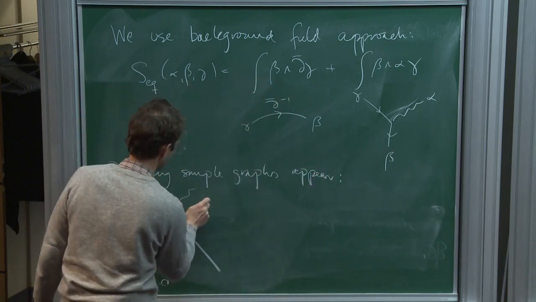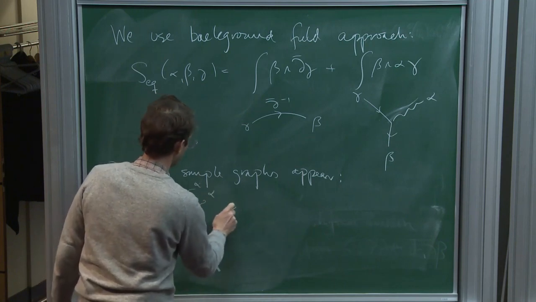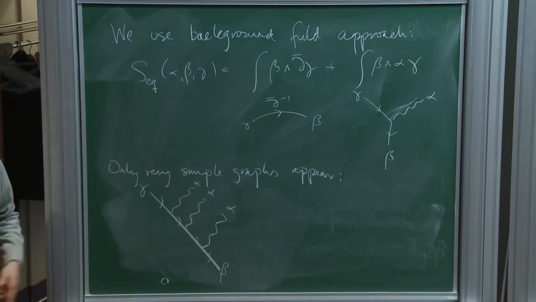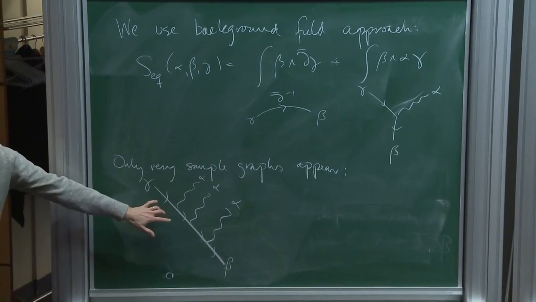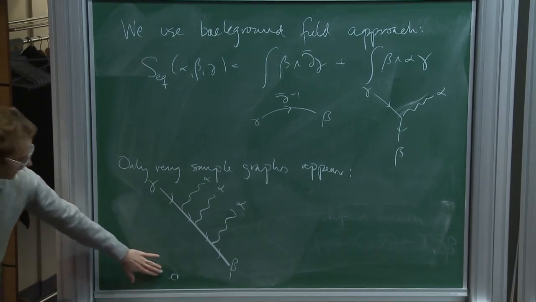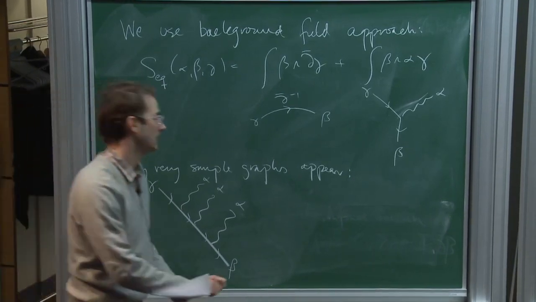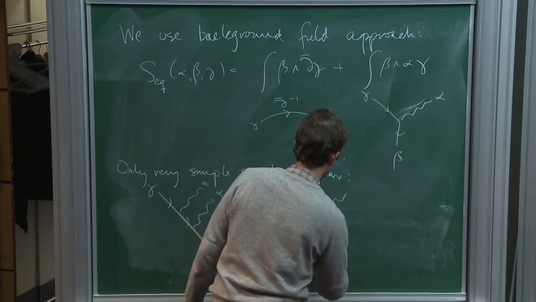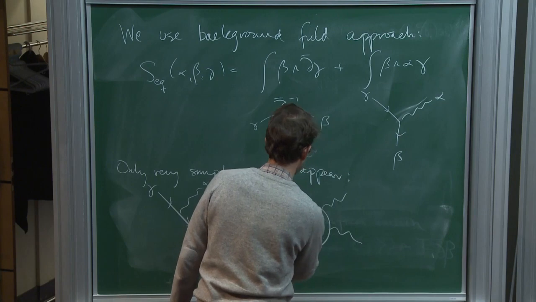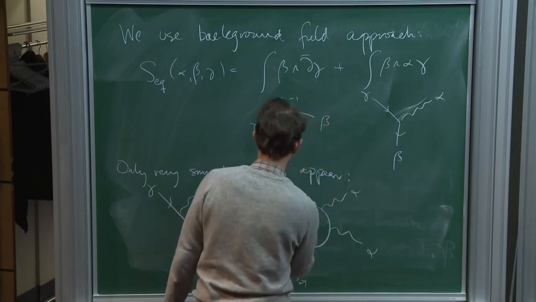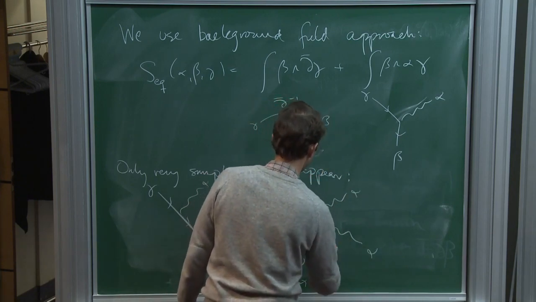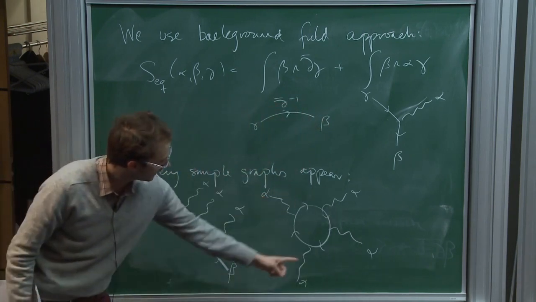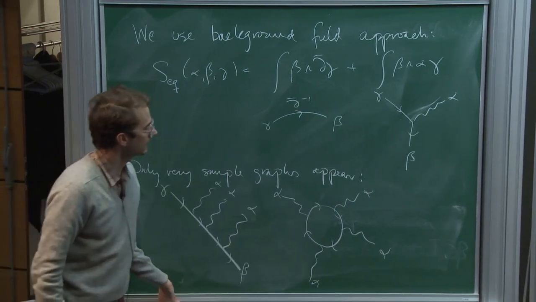There's things that look like this, the tree level stuff, which gives you this kind of thing, encoding an L infinity description of the same DG Lie algebra. And you also get wheels, but these wheels only have alpha as outer legs.